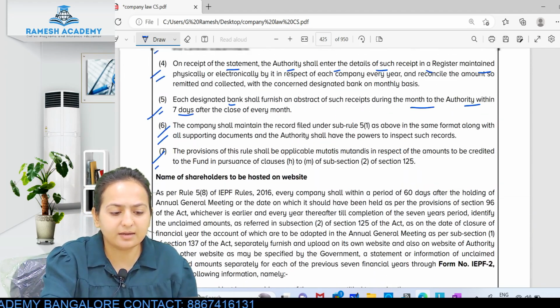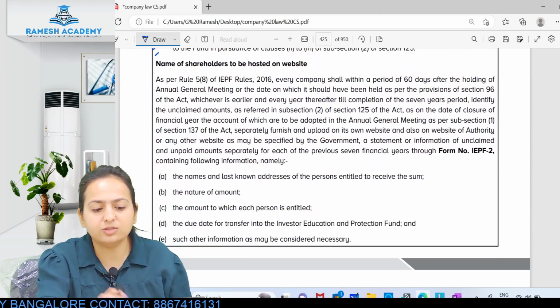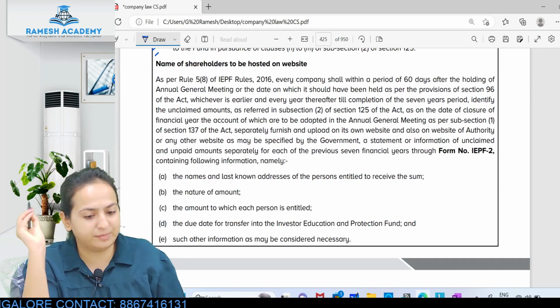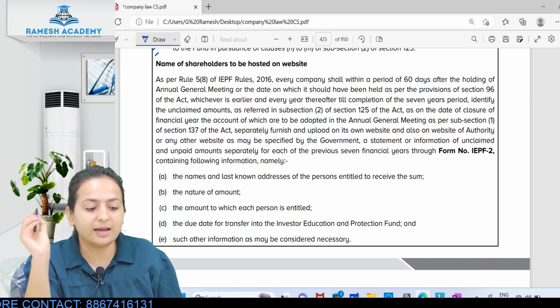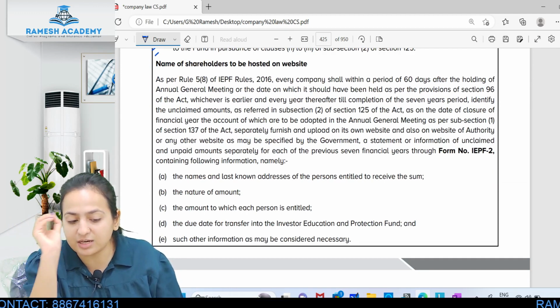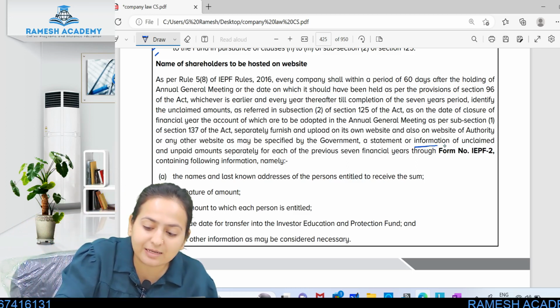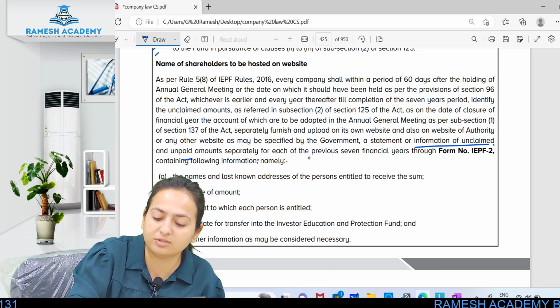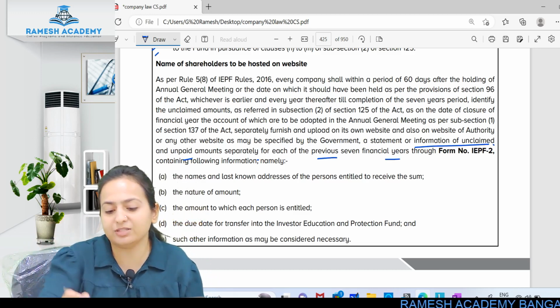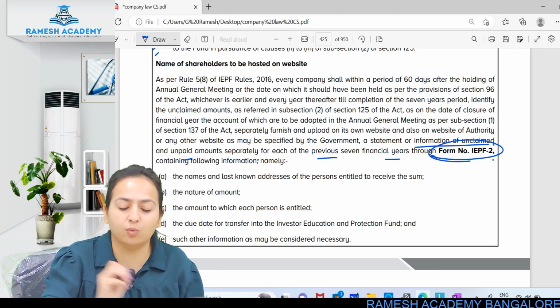Then here, name of the shareholders to be hosted on the website. So what is this saying? That there should be a separate statement furnished and uploaded on the website, and on the authority website, with the information of the IEPF amount separately for the previous financial year through IEPF 2.